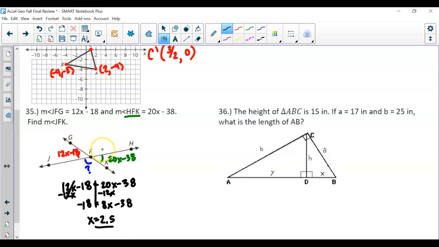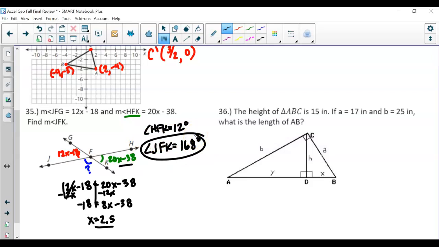Now, does it matter which one? No. So I could plug it into this one here, right? So no matter what, when you plug in x, you get that this angle here, HFK, is equal to 12 degrees. That means the measure of angle JFK, because it's a linear pair, adds up to 180. So that's why JFK is 168 degrees.